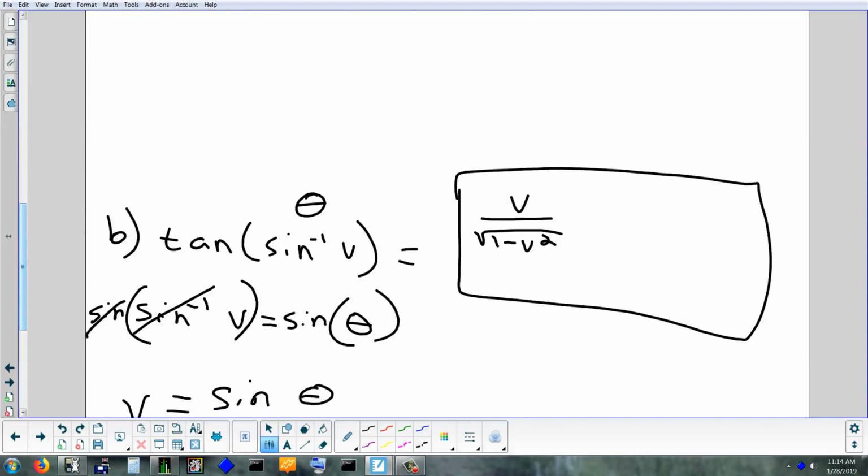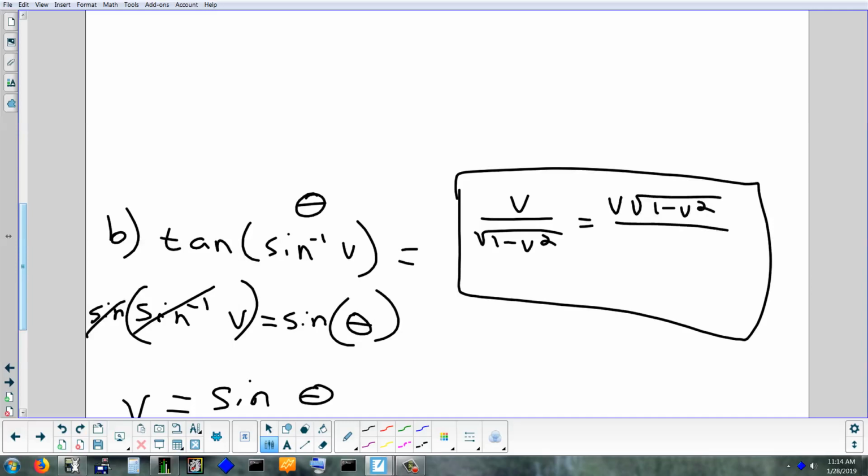Yep. So there's the formula. One thing about that formula that I don't like. If you were to type it in and graph it, it would look the same as what we started with, but you've got to fix something. It'd be v times the square root of 1 minus v squared over just 1 minus v squared. Yep. So it's v, multiply top and bottom by the square root.